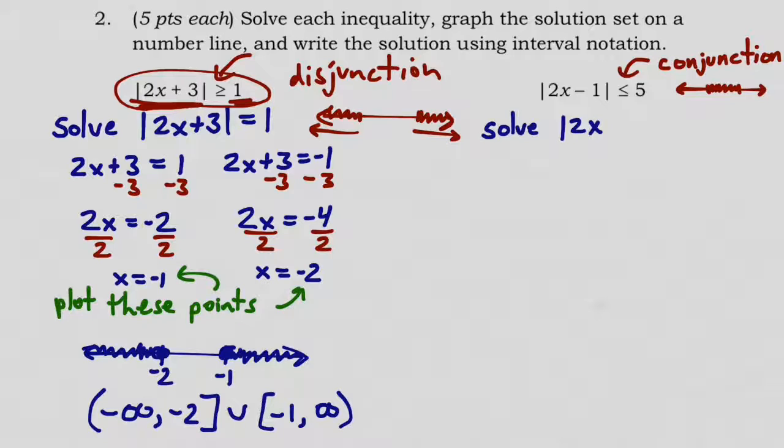So I'm going to solve the equation, the absolute value of 2x minus 1 equals 5. I have a linear expression here that's equal to a positive number, so I can split that into two simpler equations: 2x minus 1 equals positive 5, and 2x minus 1 equals -5. For each of those equations, I can add 1 to both sides.